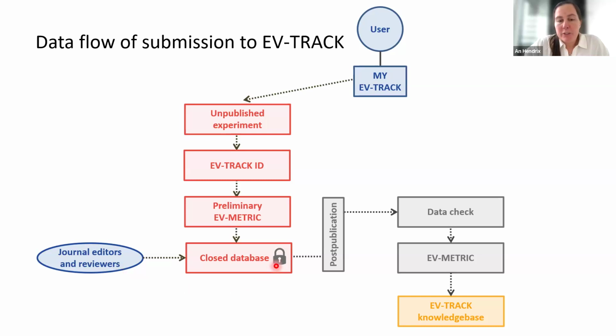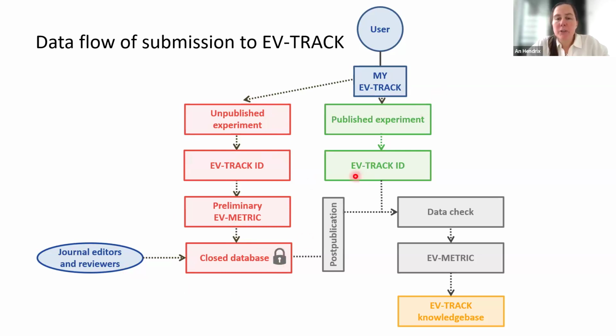But it's of course closed because only after publication will we curate the data that you have submitted to the knowledge base. Once it is accepted, we will also link the entry to the PubMed ID, and then your manuscript, at least the parameters that you submitted to the EV-TRACK knowledge base, will become publicly available together with the EV metric.